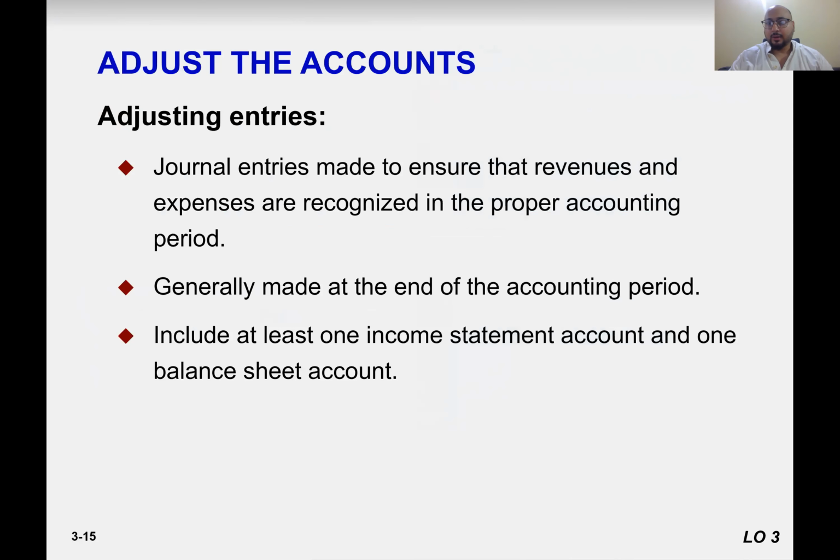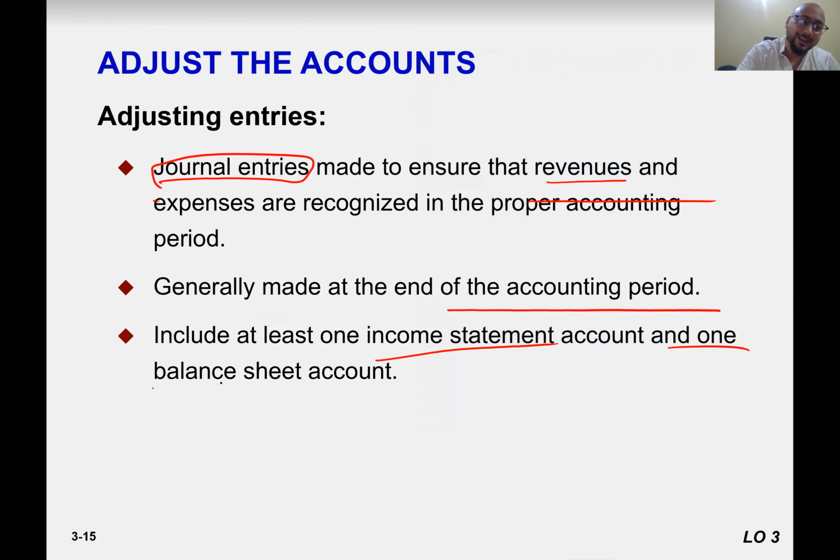Adjusting entries are journal entries, where we do debit and credit, made to ensure that revenue and expenses are recognized in the proper accounting period. They are generally made at the end of the accounting period and include at least one income statement account and one balance sheet account.